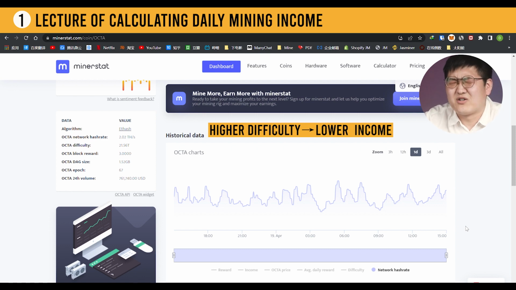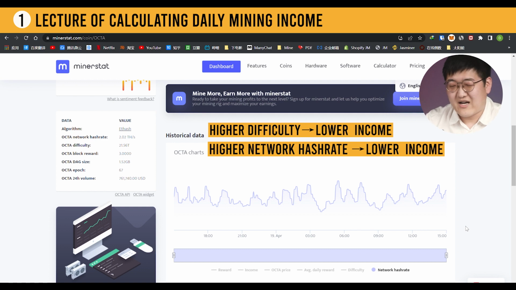Anyway, the dividend will be lower. The higher the network hash rate, the faster the block is calculated and packed, so the lower the dividend per miner or per mega hash.